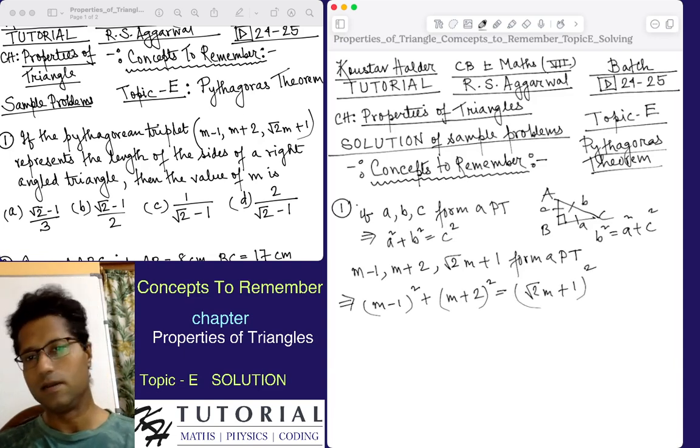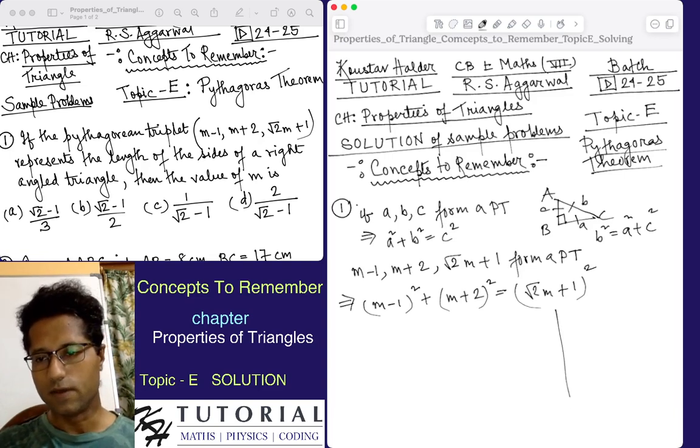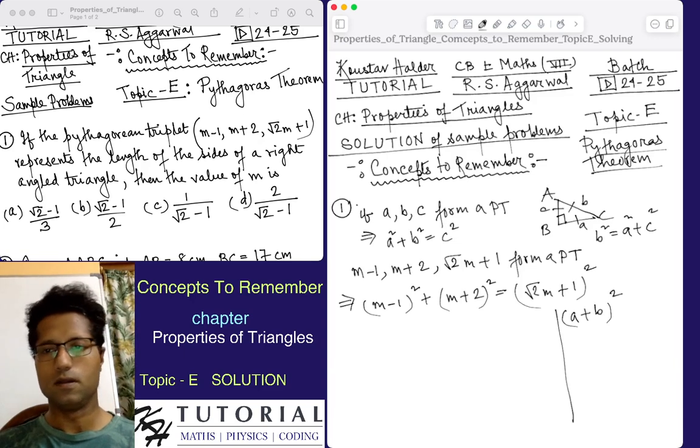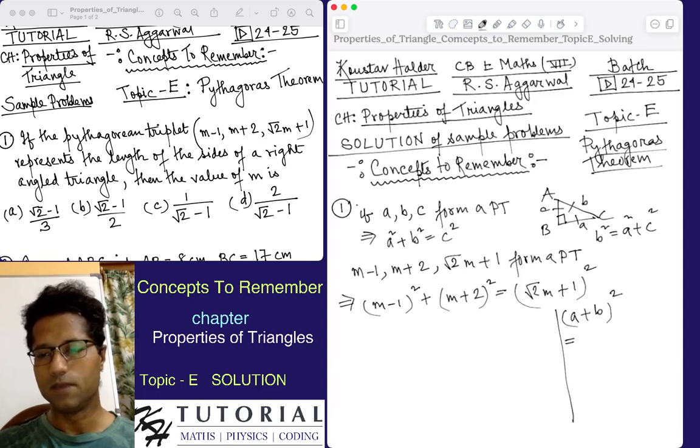Now in algebraic expressions, I hope you are aware of this formula a plus b whole square, where a and b could be a variable or a constant, whatever. We have this formula or identity, a plus b whole square is equal to a square plus b square plus twice ab.